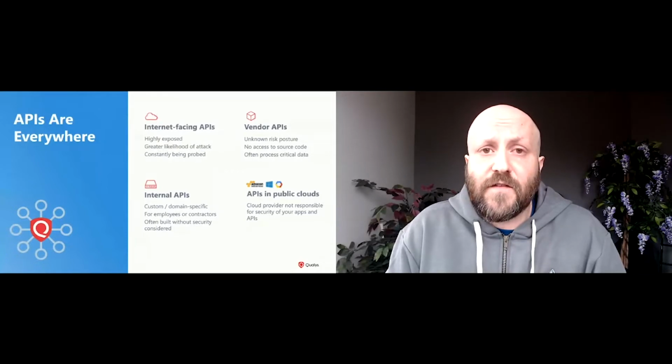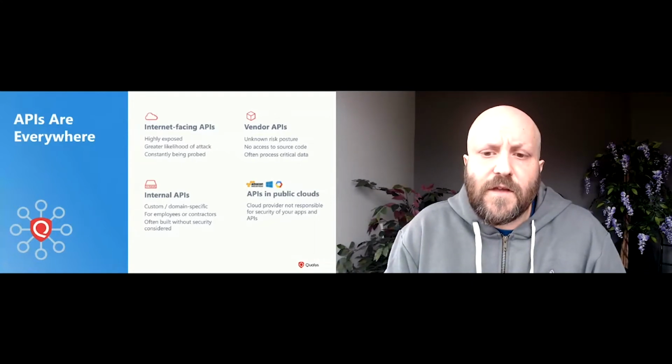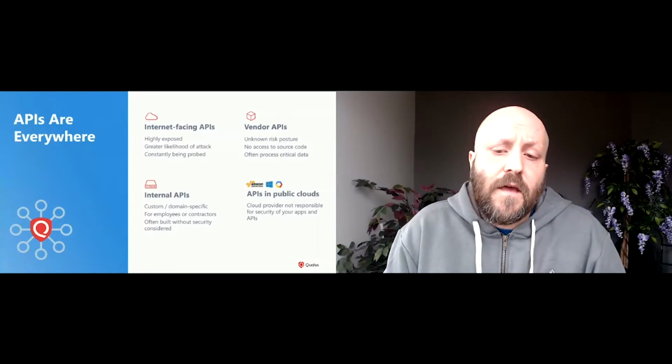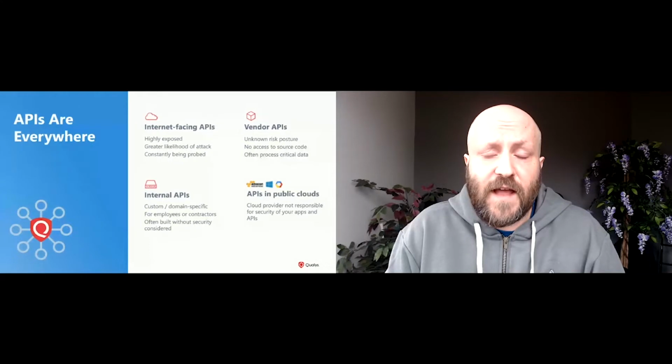Internally, you may have systems with APIs. You may be doing some sort of a microservice architecture, reusing components for better scalability and resiliency. So those are frequently going to be using APIs. You may also be using vendor APIs on a regular basis to access information or perform various actions.